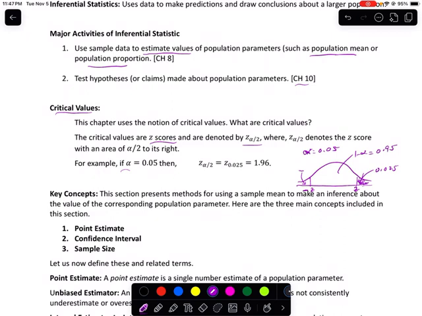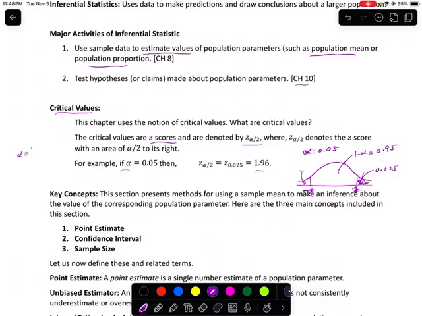How did I get 1.96? Go look at the table. This is going backwards, not from z to area, but from area to find the z. So z will come out to be 1.96. Of course, then negative z will be negative 1.96, but we don't need that. We just need the positive z value. And this can be calculated for any alpha.